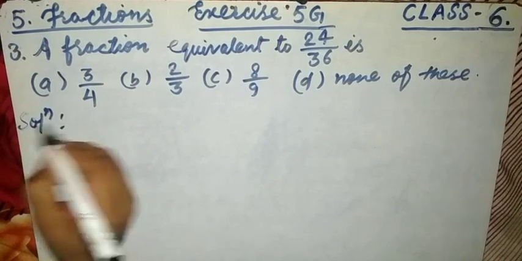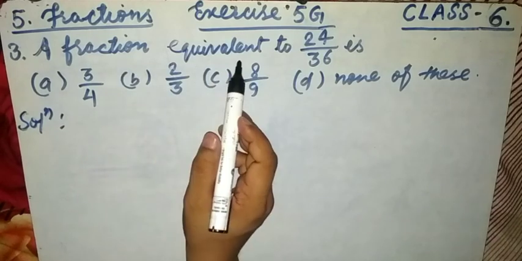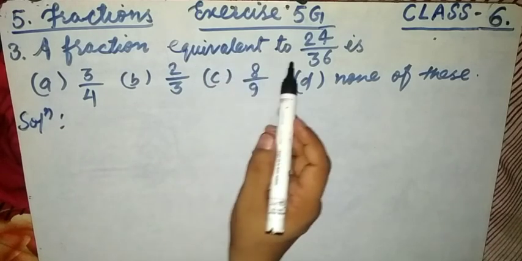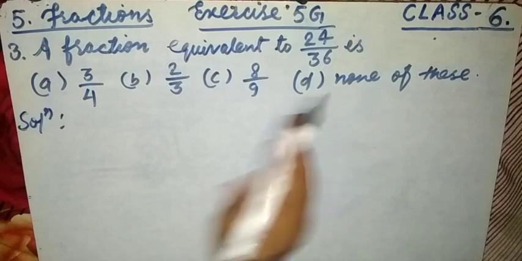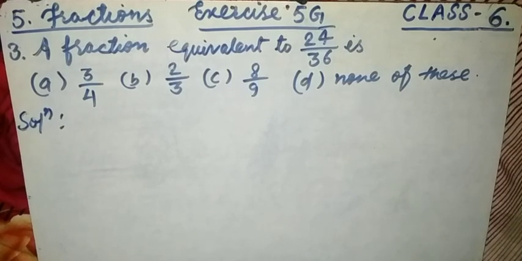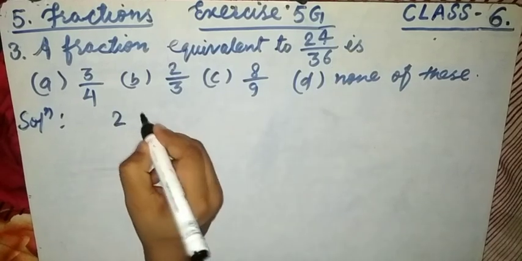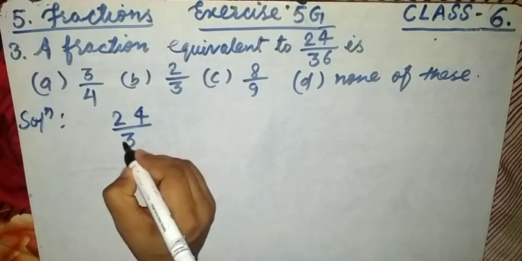As you can see, question number 3: a fraction equivalent to 24 by 36. All these terms, equivalent fractions etc., have been studied. Now here the given fraction is 24 divided by 36.